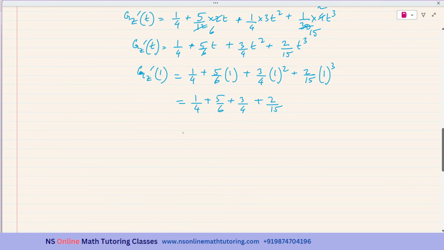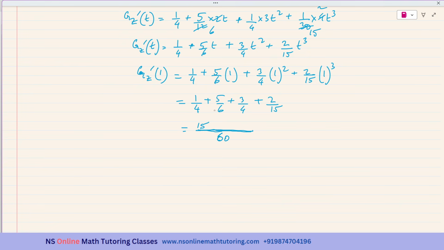Okay, so you can use your calculator. Let me try to do it orally. The LCM of 4, 6 and 15 should be equal to 60. 4 times 15 is 60, so 1 times 15 is 15. I could have written the terms separately, I have just taken the common denominator as 60.